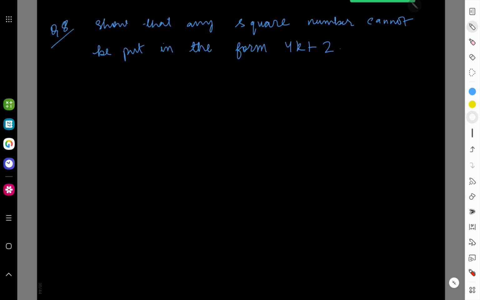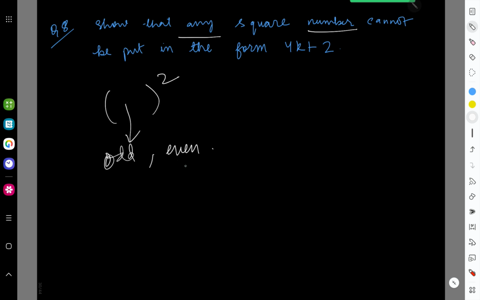Let's continue with question number 8. Show that any square number cannot be put in the form 4k plus 2. Okay, it said any number. So any number, this can be odd, this can be even.